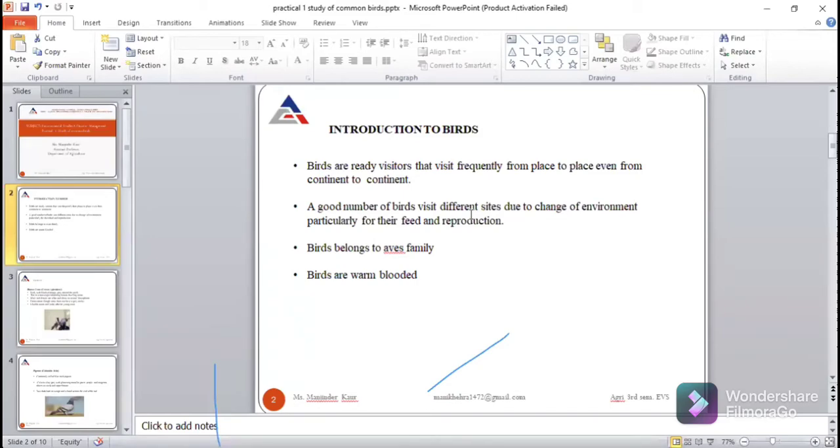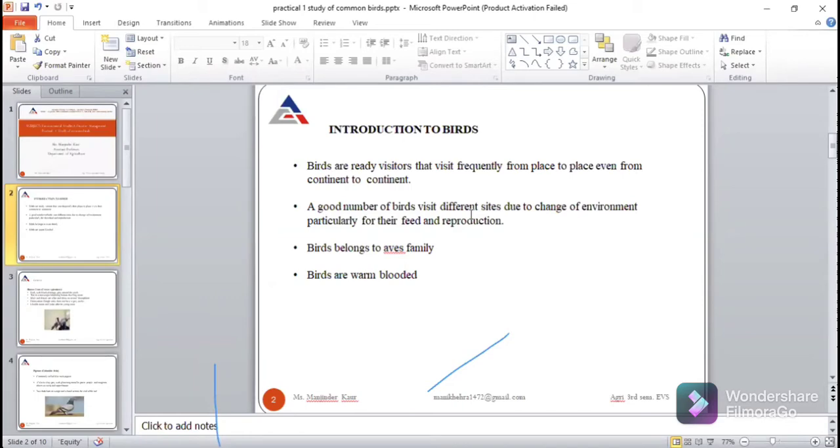Birds belong to the class Aves, and birds are warm-blooded. Warm-blooded means birds can regulate their body temperature according to the environment temperature. On the other hand, cold-blooded animals are those that cannot regulate their body temperature according to the temperature in the environment. An example of a cold-blooded animal is a reptile.